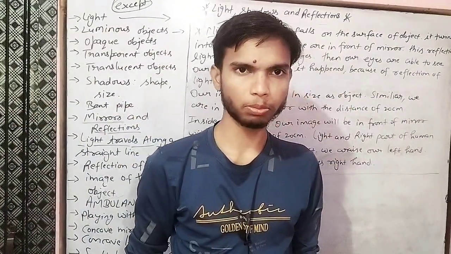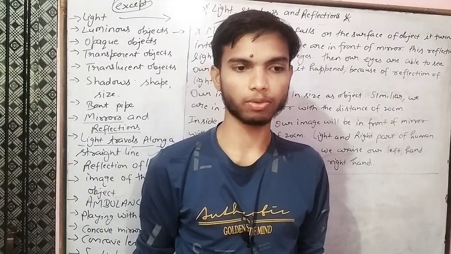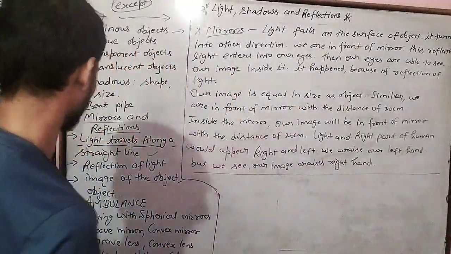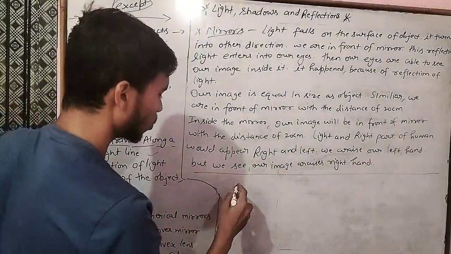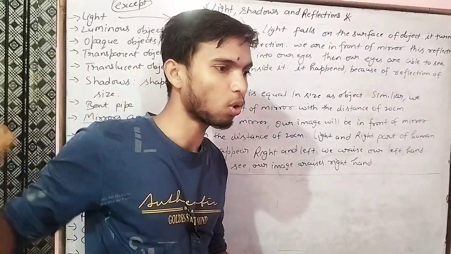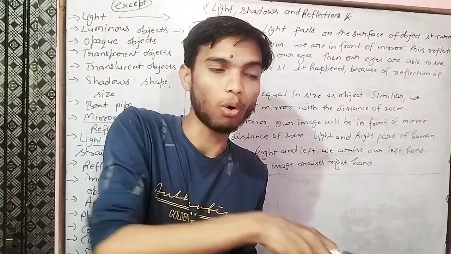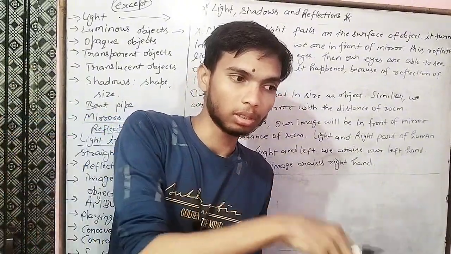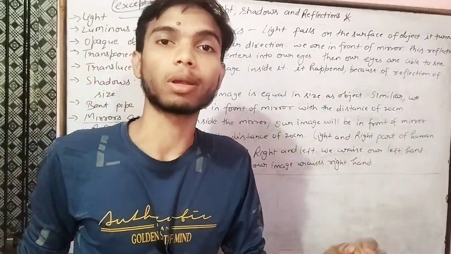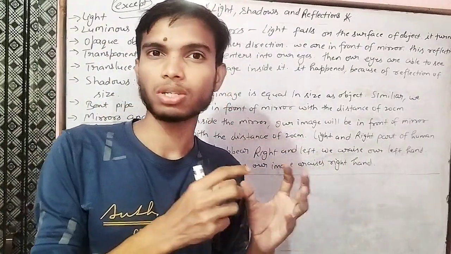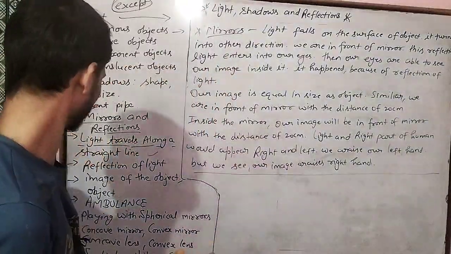What kind of thing will be considered an object, and what kind of thing will be considered an image? Whatever reflection of an object we see inside the mirror, that is an image of the original object. Those will be considered images. Clear?